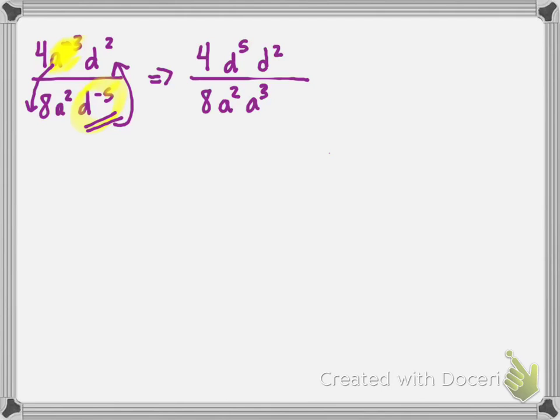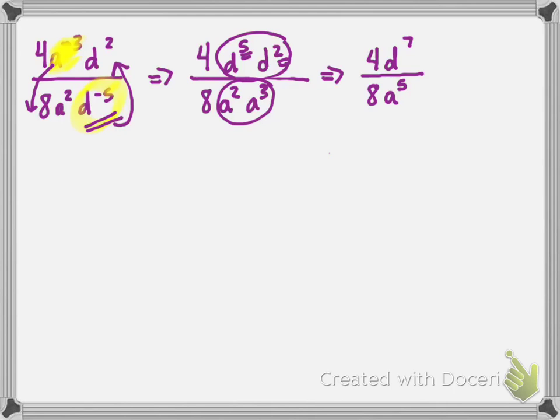Now if I simplify this, on the top I've got 4. If I'm multiplying two things together with the same base, I keep the base and I add the exponents. 5 plus 2 is 7. On the bottom, I've got my 8. These two things are being multiplied together, so I keep the base and add the exponents. And then I can reduce.